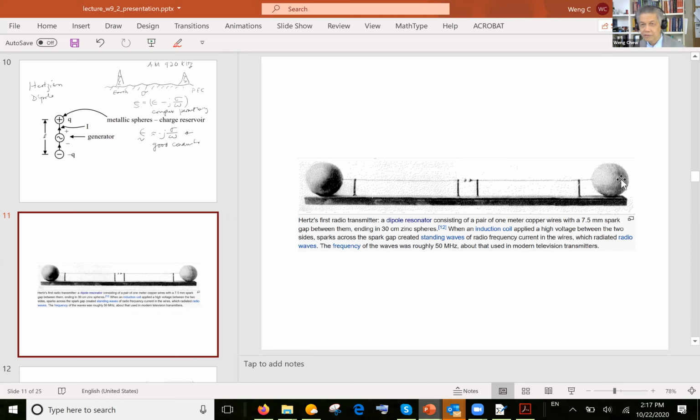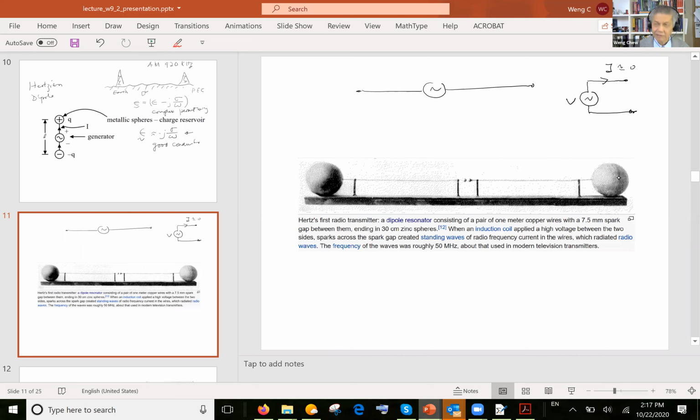No current would flow because, say, you were to drive this with a voltage source that looks like this. This is very much like what you have learned in your transmission line theory, that you have an open circuit here, and the I that you have is very, very small.